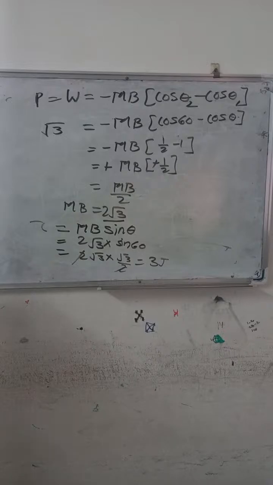So this is the answer. I read only half the question and got 2 root 3, but they are asking the torque tau to maintain the needle at 60 degree, so tau equals MB sine theta, and we get 3 joule. So not option C, B is the correct option.